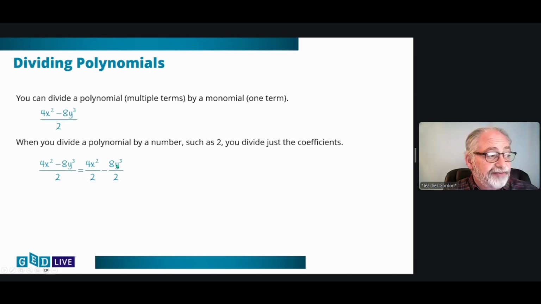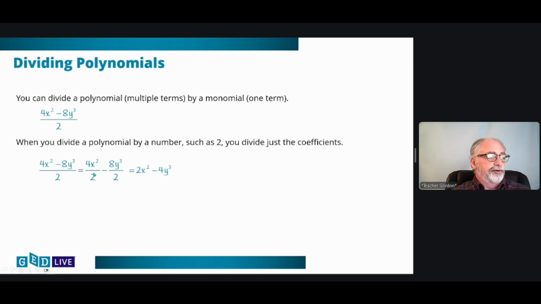And negative 8y cubed, I can just call this 8y cubed. We're subtracting it. Somebody asked if the negative sign up here is the same as minusing, and it is. So 8 divided by 2 is how much? Yeah, 4y cubed, Miguel, or negative 4y cubed to be specific. Very good.